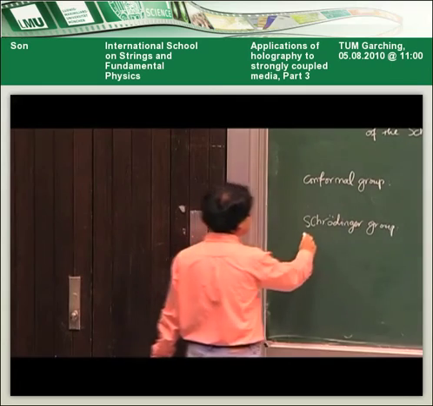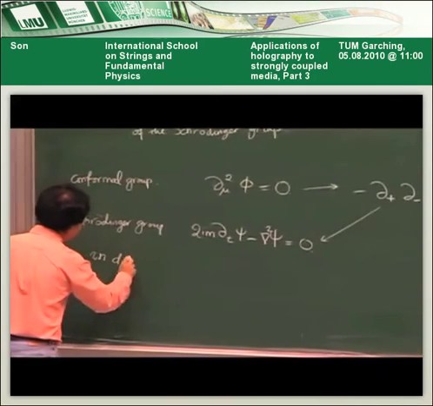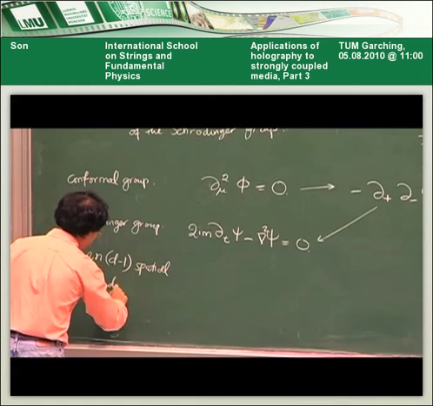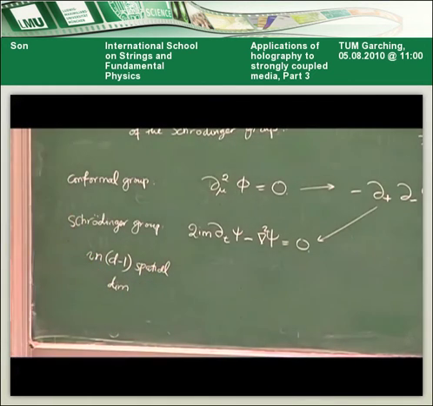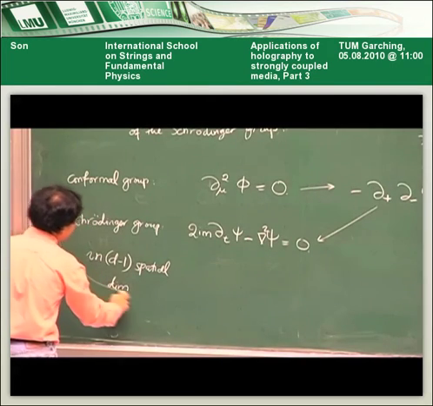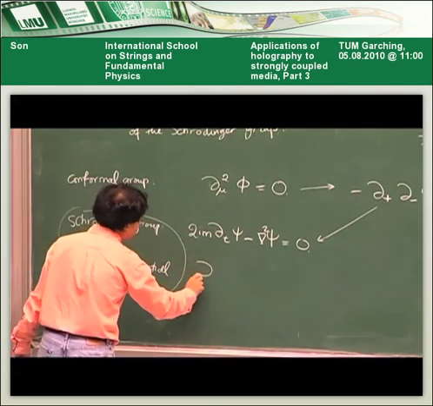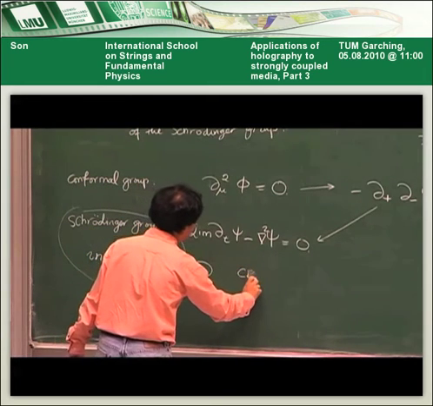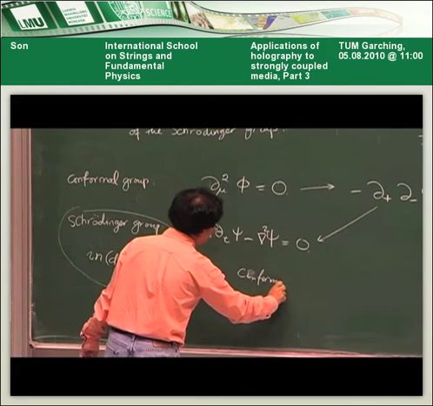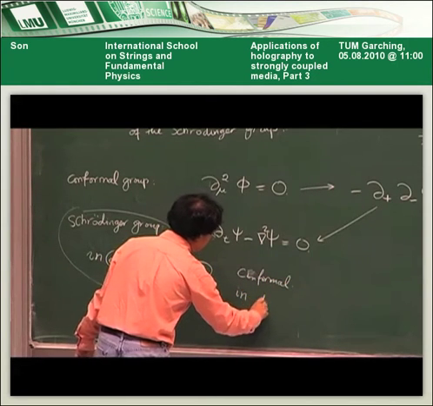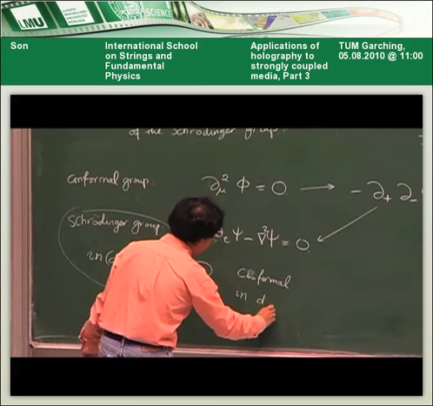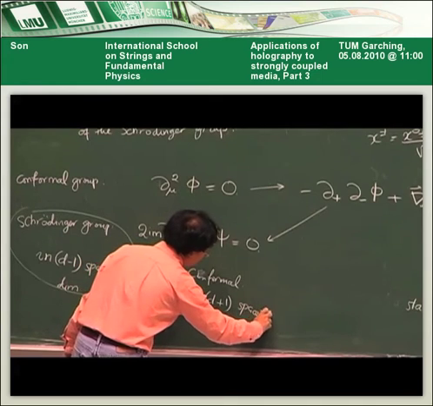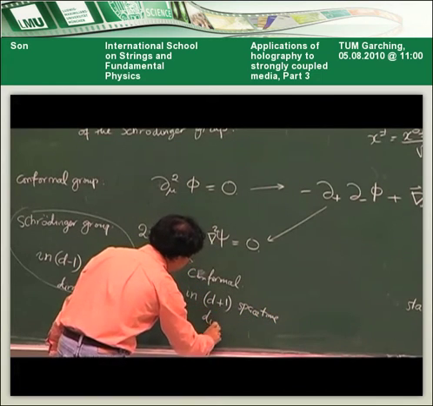So the Schrödinger group in d minus 1 spatial dimensions can be embedded as a subgroup of the conformal group in one time dimension, so d plus 1 space-time dimensions.